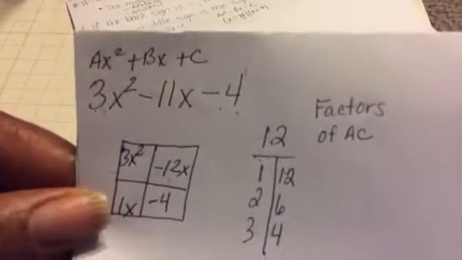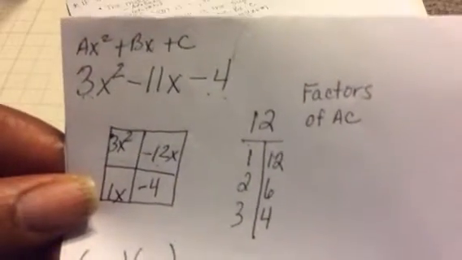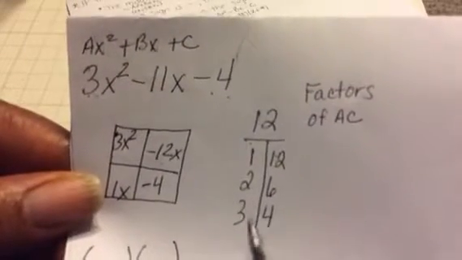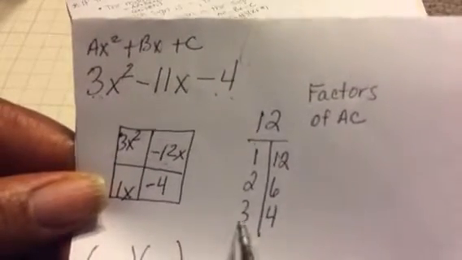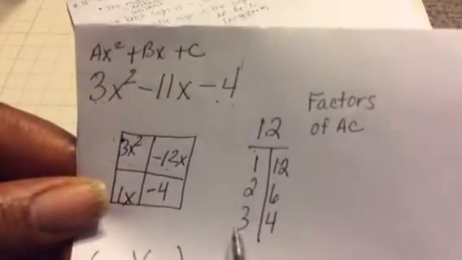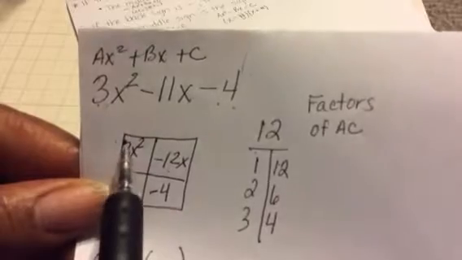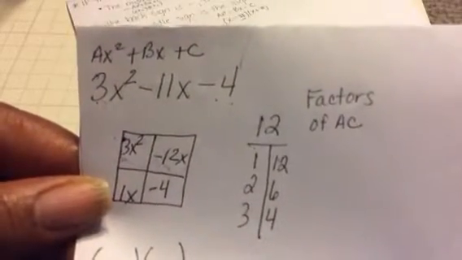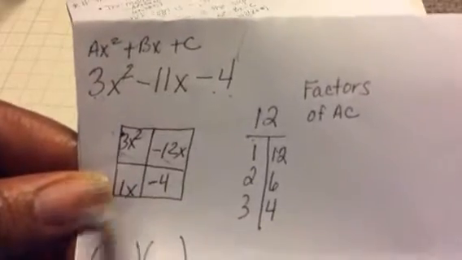So the greatest common factor between 3 and 12, I know is 3 because we found the factors of 12. 3 divided by 3 is 1, and 12 divided by 3 is 4. So that means I'm going to pull out a 3.